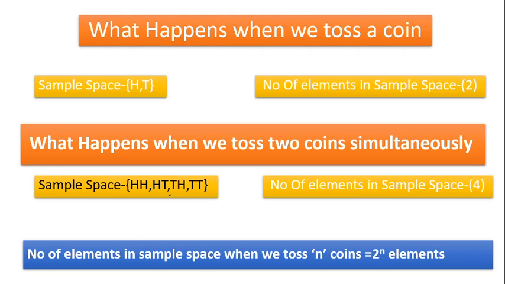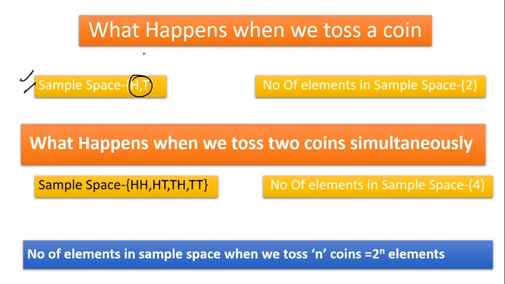Let's study further. When we toss a coin, the sample space we get is head or tail. It means we can get head as well as tail, and these two have the same possibility.